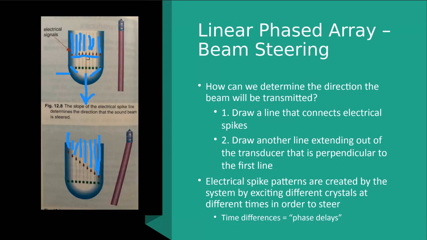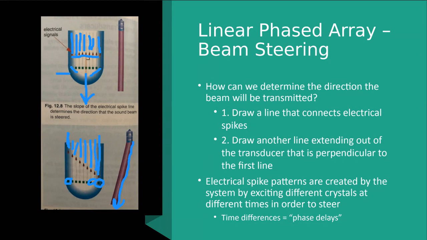So the spike on the right side is going to excite this crystal first, and then this one, and then the next ones, and lastly the one on the left. Because we excited the crystal on the right side first, we're going to be steering towards the right.